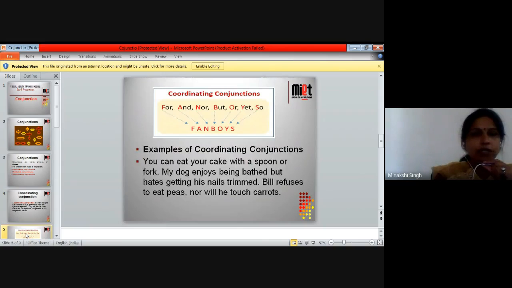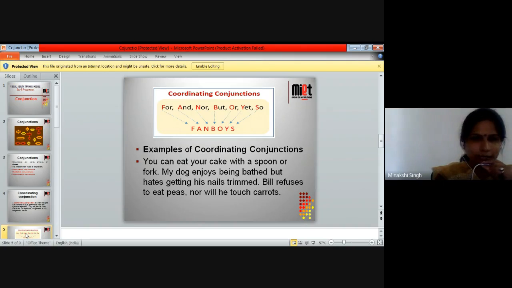If I say for, and, nor, but, or, yet, so, these are the examples of coordinating conjunctions. And the best way to learn coordinating conjunctions is to learn the word fanboys, right? You must have learned this word in your school days also. So fanboys is the easiest way to remember coordinating conjunctions.